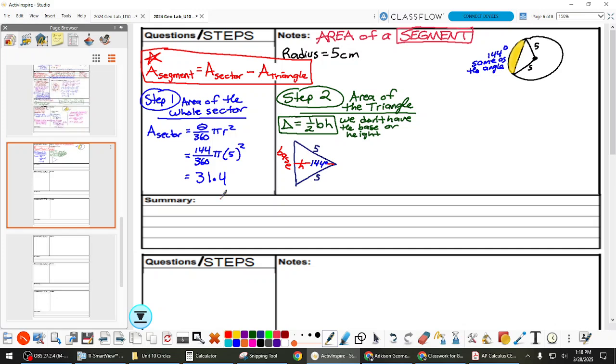Alright, zoom in again to this triangle. I need to draw it a little bigger. What kind of triangle is that? That's a right triangle. Okay? What is this angle? If it's an isosceles triangle that I just cut in half, what is the measure of that angle? It's half. This is half of theta, which is 72.